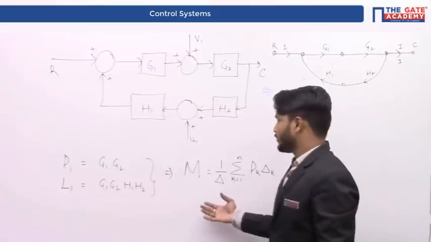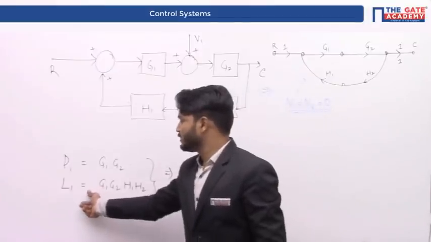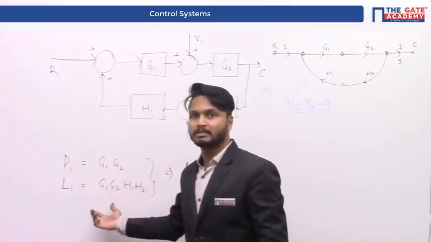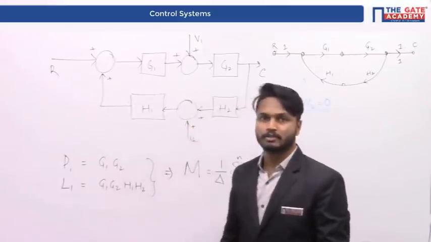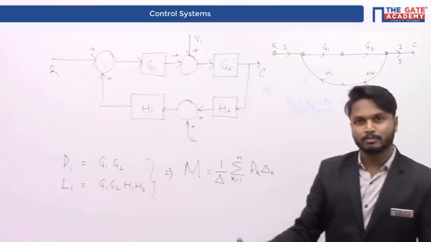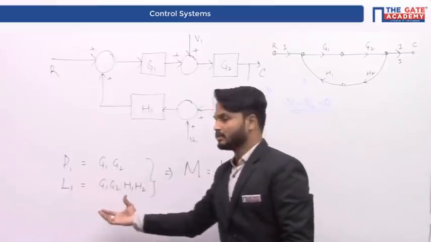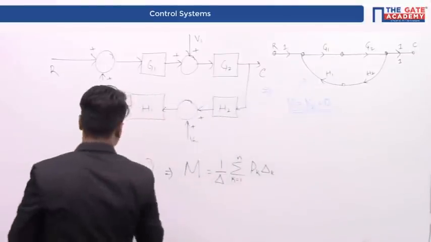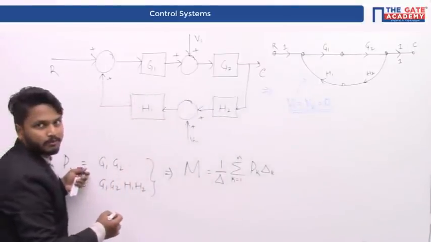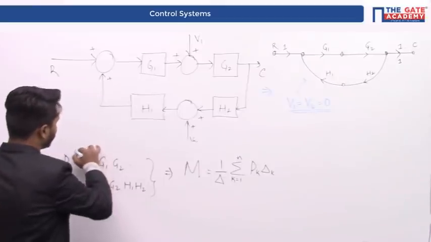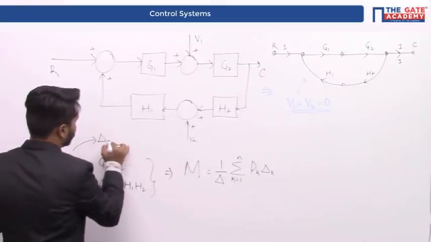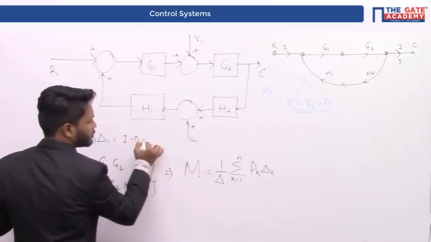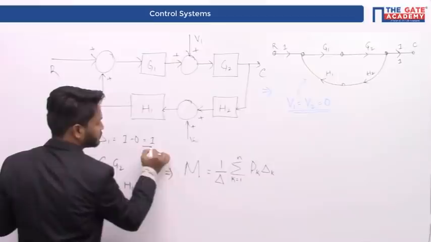So in this way you have to calculate, whereas in this case we don't have non-touching loops and all, we just have only one loop, that is L1, G1, G2, H1, H2. Therefore, just put these two things in this particular formula. So delta 1, there are no non-touching loops for this first forward path, therefore delta 1 will be equal to 1 minus 0, that is simply 1.